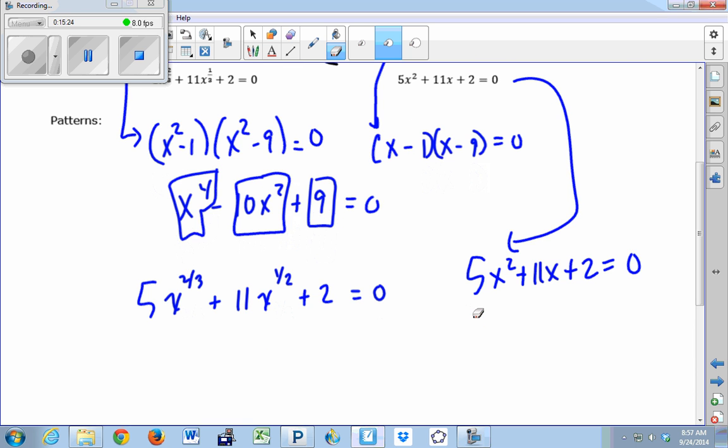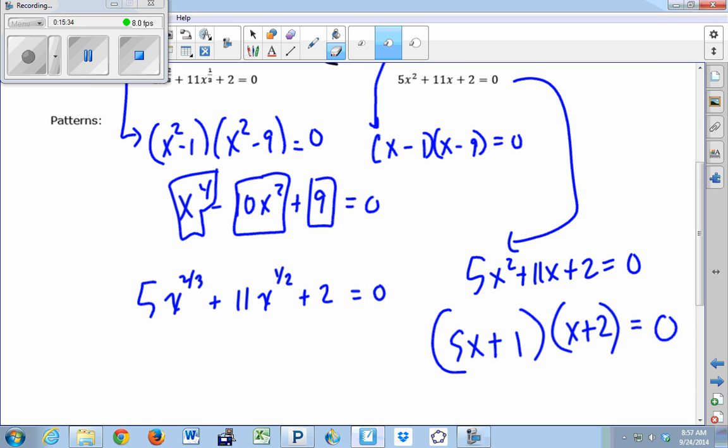And hopefully you took some time back in section P4 or P5 to do some factoring, but this would be 5x plus 1 times x plus 2. That's how we would factor that one. So the only difference here is instead of it being x, notice x is to the first power. It's the same as the power on our middle term.